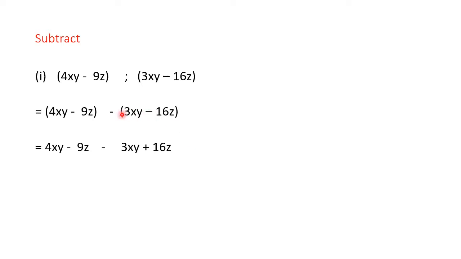In other words, you can say that when you multiply this minus with this plus, it becomes minus, and minus into minus becomes plus. That way also you can say, or you can directly change the signs inside the bracket. Inside the bracket 3xy was plus, so it became minus, and 16z was negative, so it became positive. After this, we follow what we did in addition.